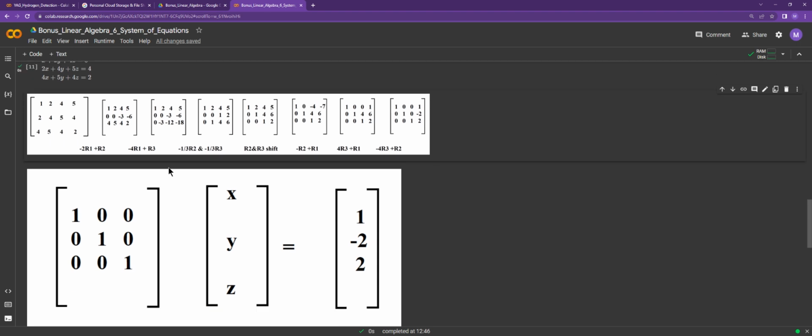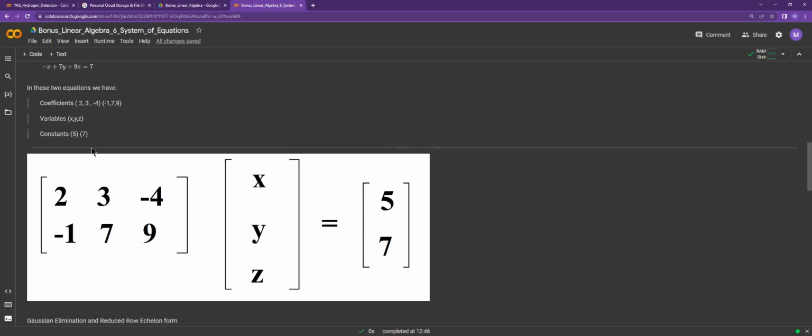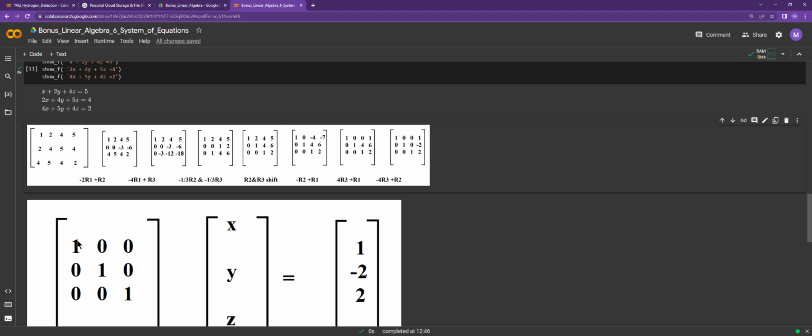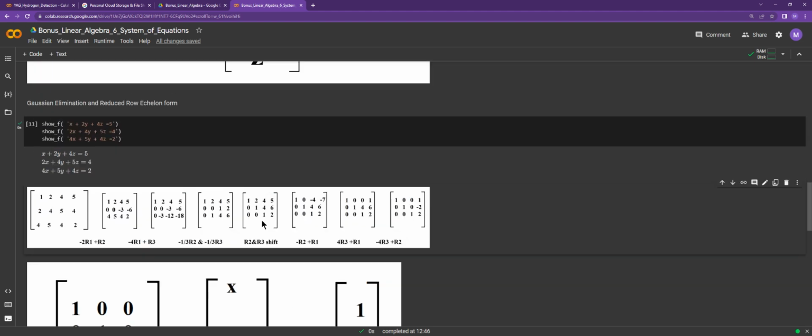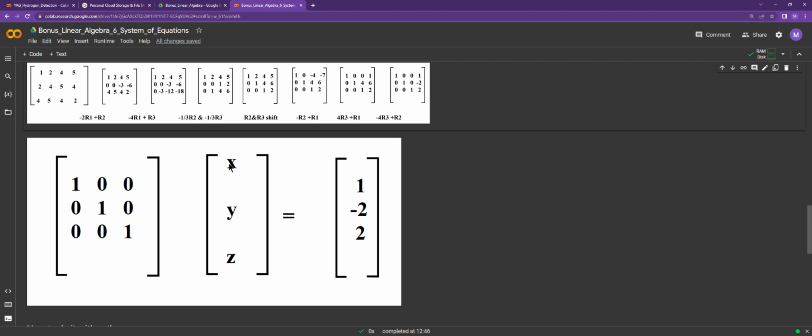The idea of a reduced row echelon form is that once you have converted your matrix with the constants present, not just the variables, but with the constants augmented in the matrix as well, and you carry out the Gaussian elimination, the values that you get in the last column, associated with the constants, are your x, y and z.